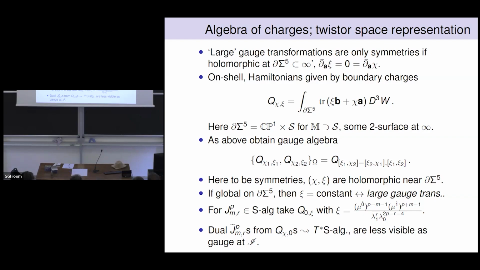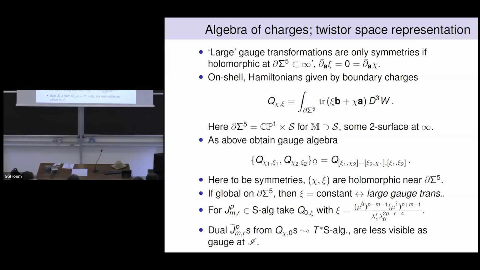And then what will happen is that because the Hamiltonians were exact, the charge integrals reduce to integrals at infinity of this very simple form, psi b plus chi a, where psi and chi are the gauge transformations, and these now have to be holomorphic in order to be understood as symmetries.